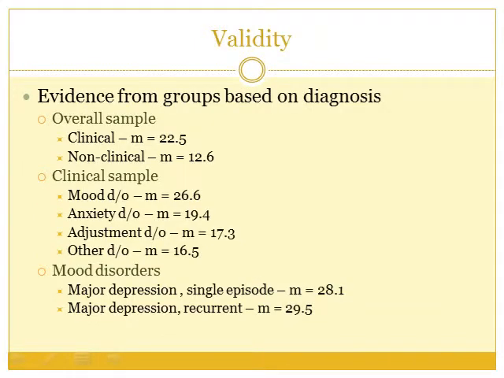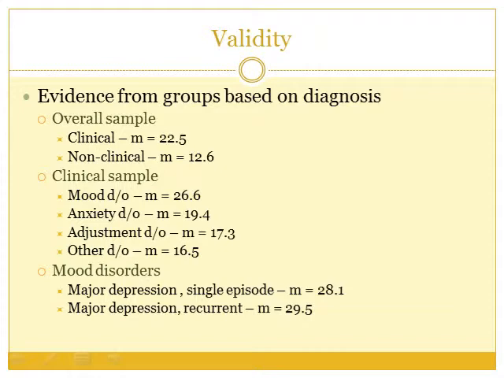The developers of the test also found that scores on the BDI-2 discriminated between groups based on diagnosis. First, the mean of the clinical sample was significantly higher than the mean of the non-clinical sample. Please note that the mean of the clinical group was in the moderately depressed range, and the mean of the non-clinical group was in the minimally depressed range.